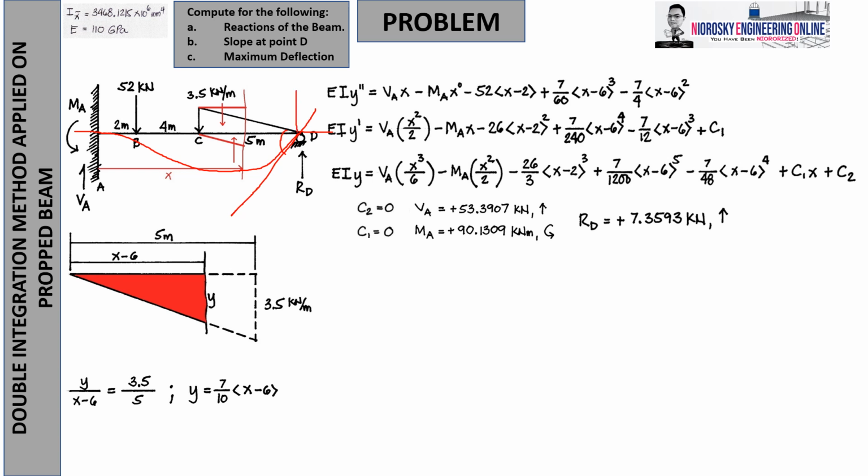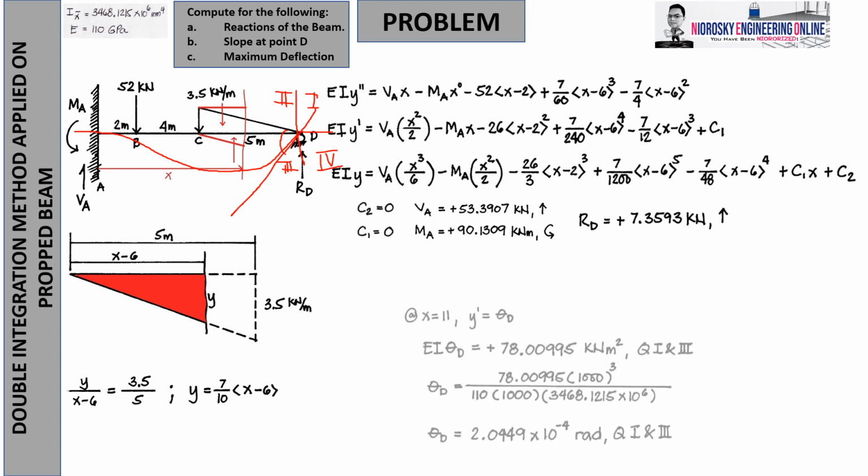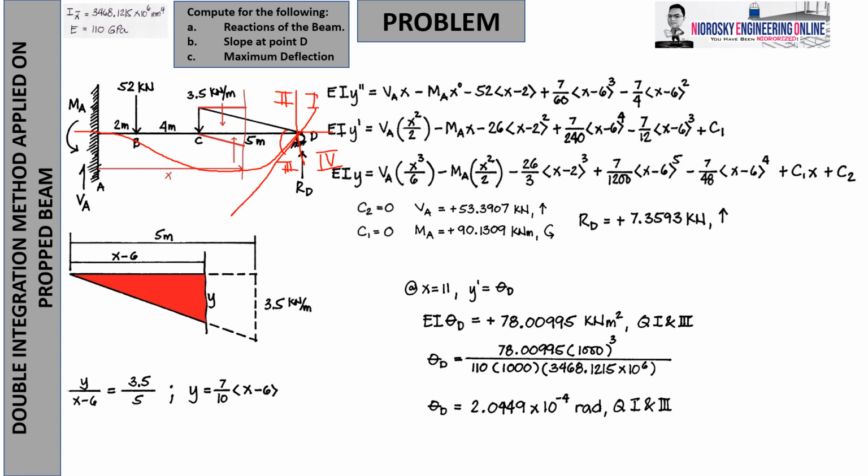No? If we are aware of the first, the second, the third, and the fourth quadrant, as Rene Descartes' rule of this figure analysis, then we will try to prove using DIM, since DIM is following the rule of Rene Descartes' diagram. So therefore, at x is 11, y prime is theta D. Notice that we got, no, by replacing all the values at x is 11 at EIY prime equation, and note that C1, C2 is 0.